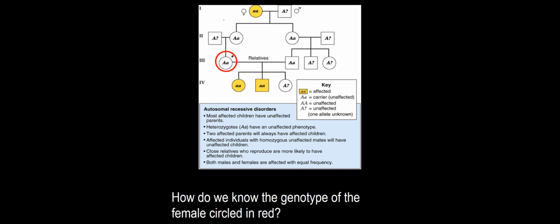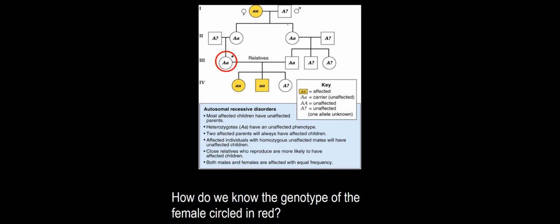The reason we don't know something about dad is because we have no idea who his parents were, if they had it or not. All we know about dad is that he does not have the disease, and the reason we know that is he shows no symptoms of it. So I'll pause the recording right now and think about it, and I'll give you a minute, and then I'll tell you the answer.